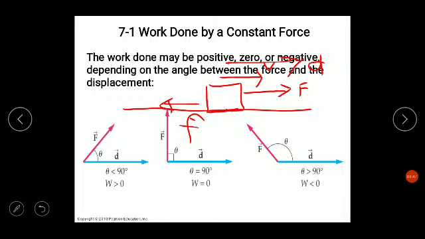Let us note that one as D. Then the friction and the displacement are in opposite directions, and the angle between the frictional force and the displacement is 180. If you take the cosine of 180, you will come up with negative 1. And that's when we can say that there is negative work.